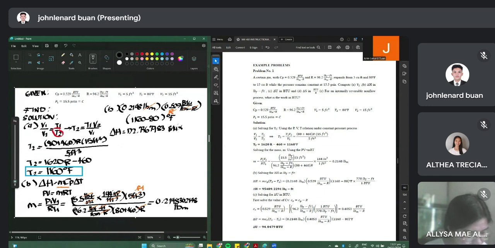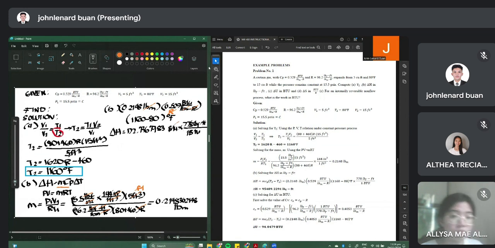Therefore, we need the answer in pound force feet, so multiply by 778 pound force feet over 1 BTU.